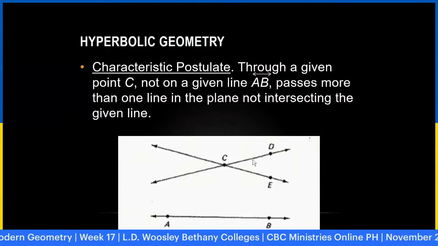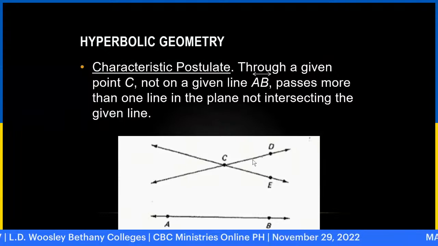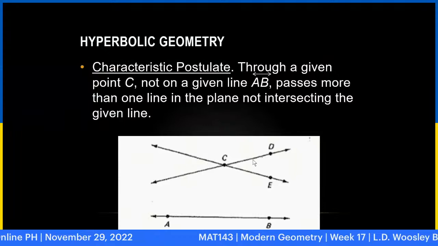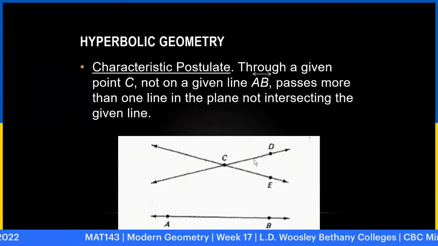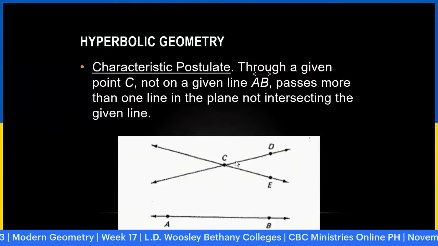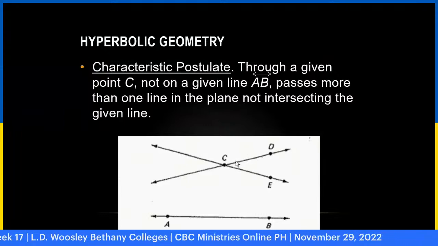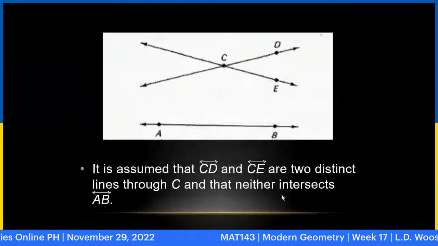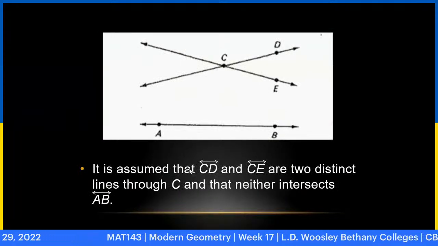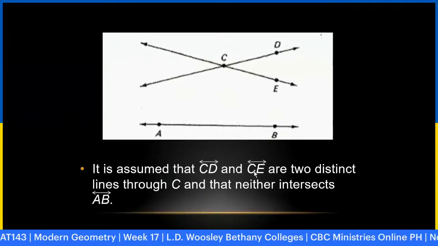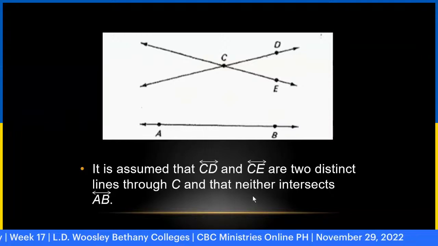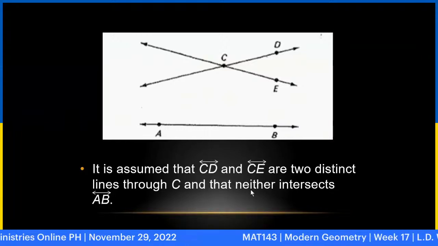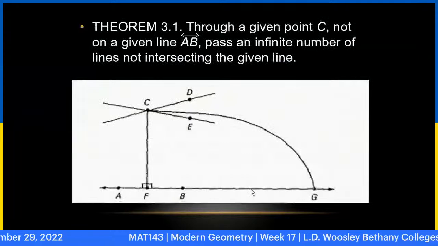Because you are in a hyperbolic plane, it will not intersect line AB at all, because the line is curving away from line AB. In fact, you could have an infinite number of lines, because basically they're curving away. So it assumes CD and CE are two distinct lines through C that neither intersect AB. That's possible only in a hyperbolic plane.